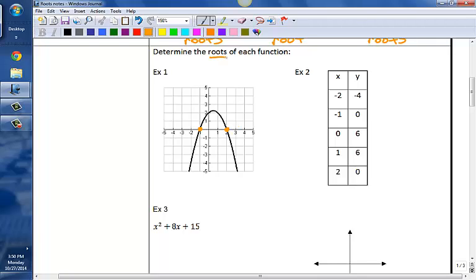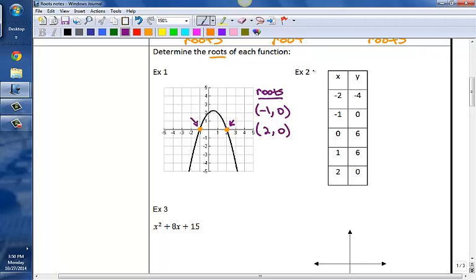It's where it crosses the x-axis. So there's one answer right there and a second answer right there. So the roots are the coordinates of -1, 0, and 2, 0. That's it. That's the roots. That's the zeros, or the solutions, or the x-intercepts. Remember, it all means the same thing.